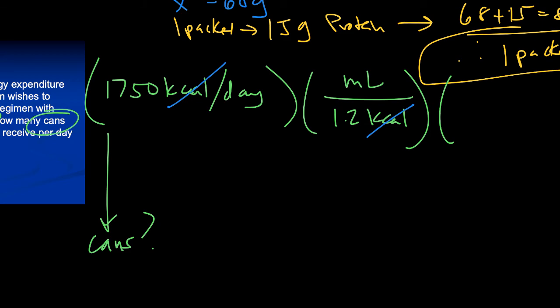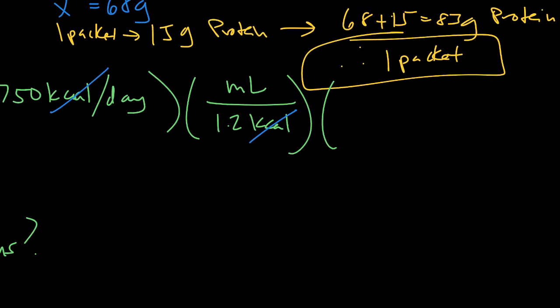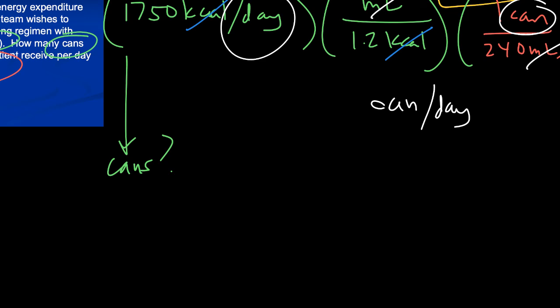And now you know that 1 can is 240 milliliters. So 240 milliliters, 1 can. I'm doing that because the milliliters cancel out, and now your units are cans per day, which is the units I'm looking for.